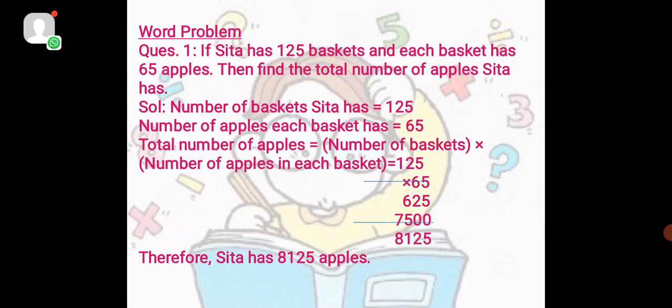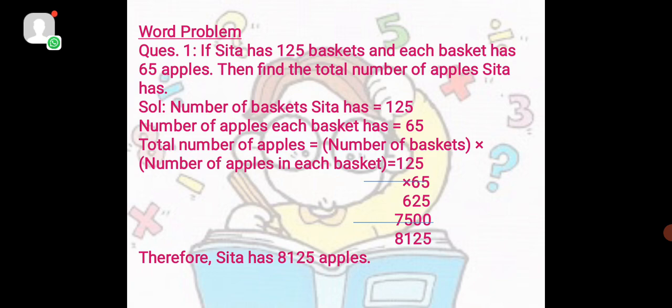Total number of apples equals number of baskets multiplied by number of apples in each basket. That means equal to 125 multiplied by 65.